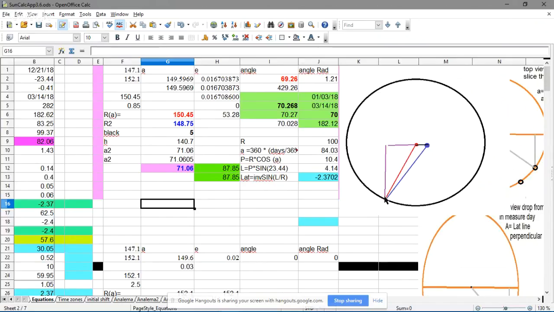I had to know the angle of where the Earth is in relation to the Sun from a starting point of 3rd January, where the Earth is in its closest path to the sun.